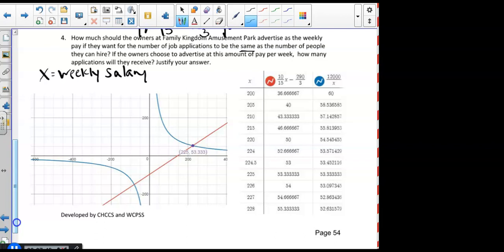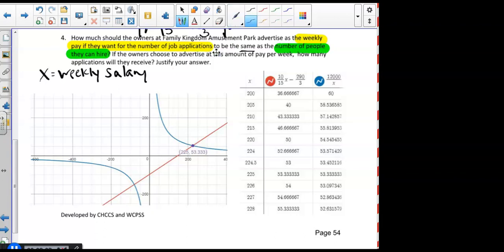We want it to be the same, which means that we want our two functions to be equal to each other. So what we're going to need to do in this case is take the equation that we developed for the weekly pay per job applicants and the number of people that they can hire.